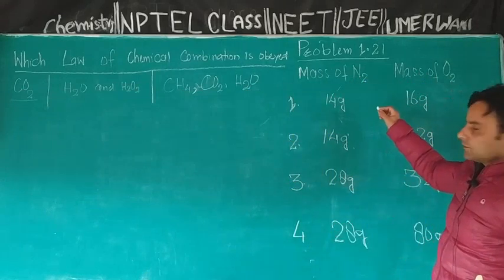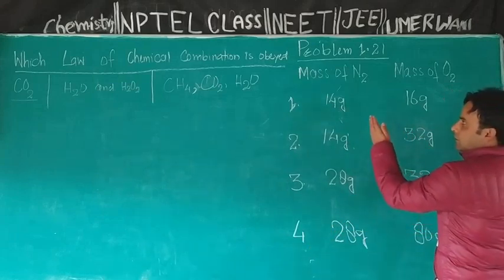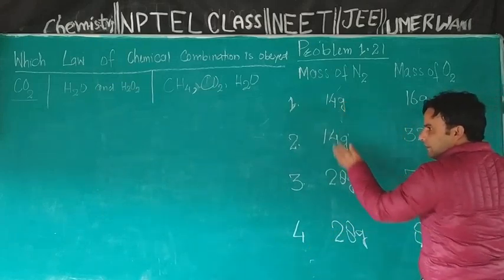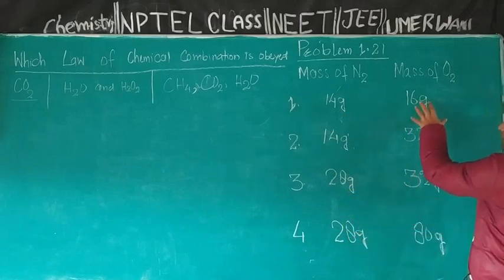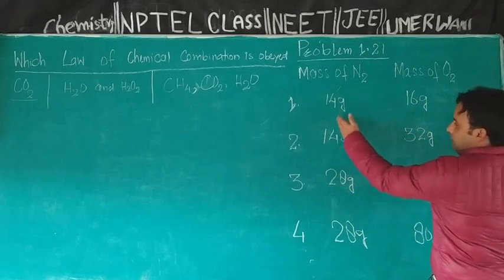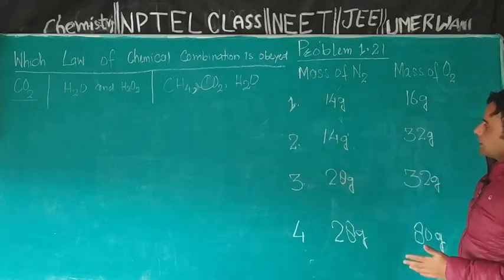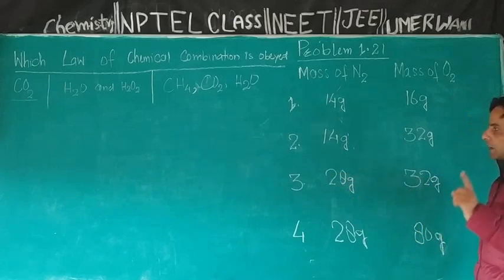Now we have to see that among these two elements, the mass of one element should be fixed and the mass of the second element should be different. But here the masses of both elements are different. So what we will do, the idea is that we will first fix the mass of one element, that is nitrogen.